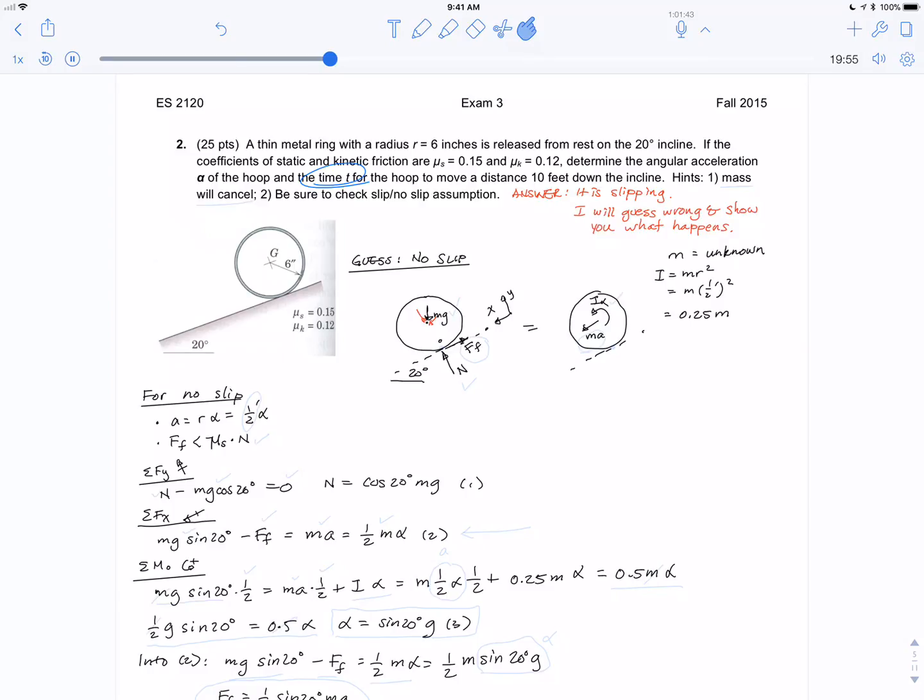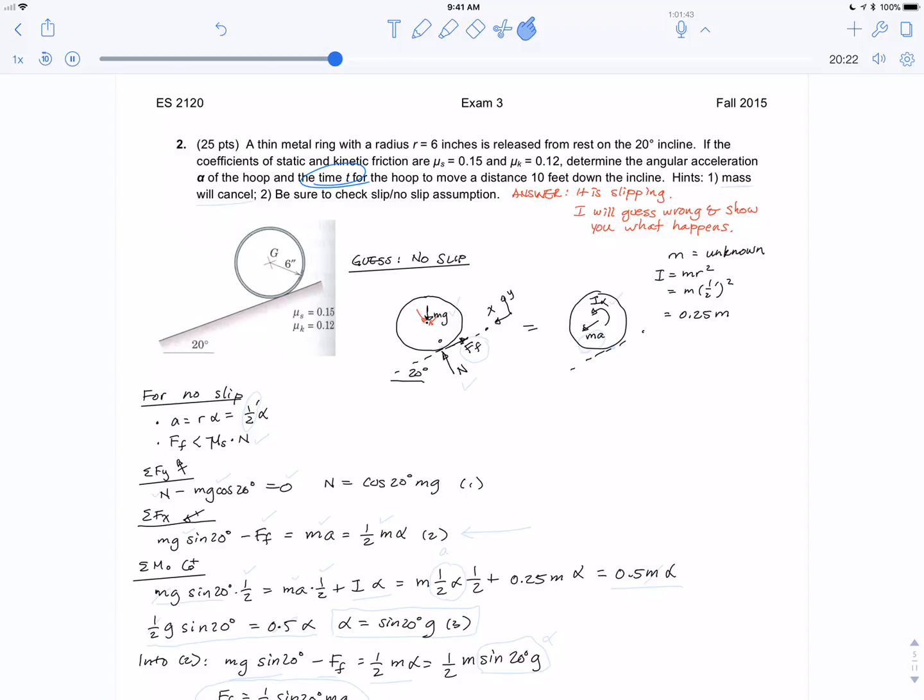The work is force times distance. The potential energy due to gravity is mg times the height. Potential energy due to the spring is 1/2 kx squared. And it involves velocities, 1/2 mv squared, 1/2 I omega squared. So as this problem is asking you to solve for a time t, it's obviously not an energy problem.